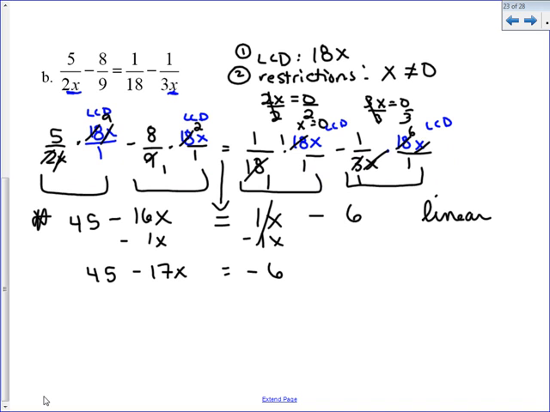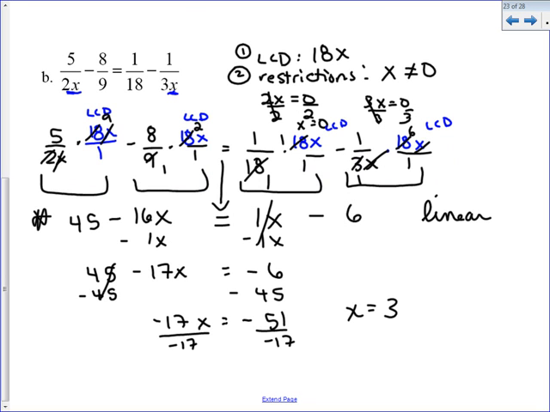Then I'm going to take the 45 over to the other side, so I'm going to subtract 45. So I have negative 17x equals negative 51. Last step to solve for x, I'm going to divide both sides by negative 17. It doesn't look like 51 should evenly divide by 17, but it does. x equals 3.